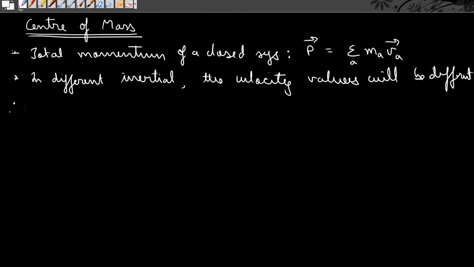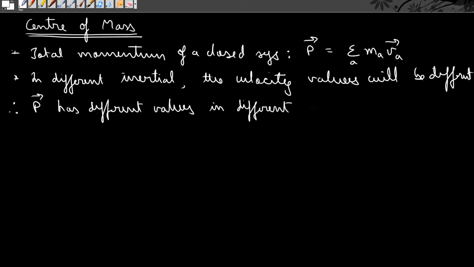So therefore, the momentum of a closed system P has different values in different inertial frames of reference.